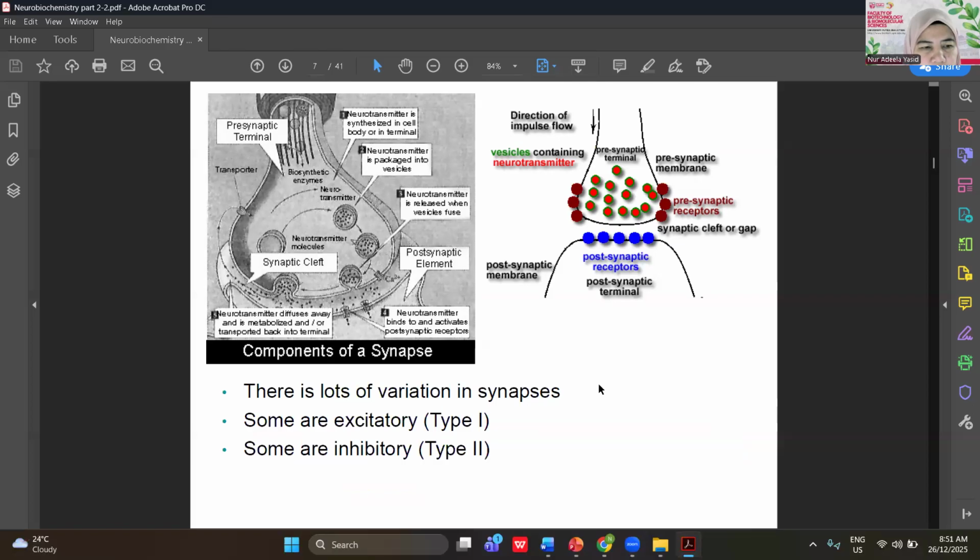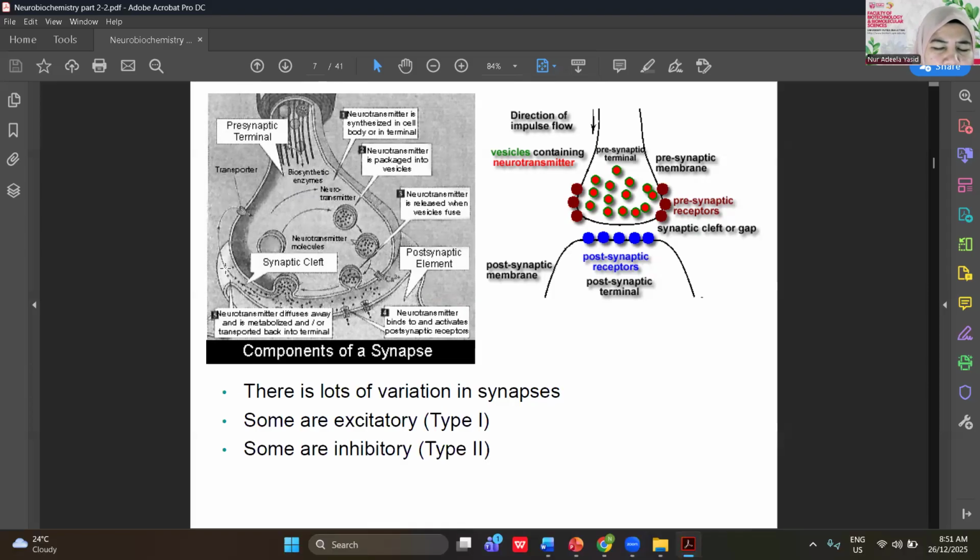Now let's move to the components of synapse. There are 3 components of synapse: presynaptic terminal, synaptic cleft, and postsynaptic element. What do we have in the presynaptic terminal? It consists of vesicles filled with neurotransmitters synthesized by the neuron.